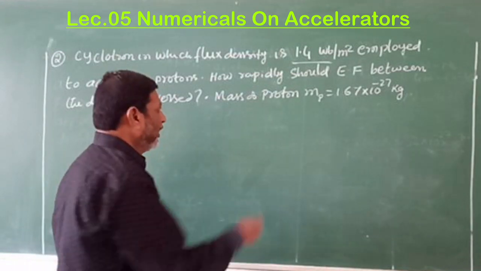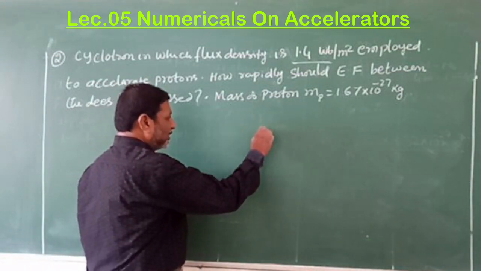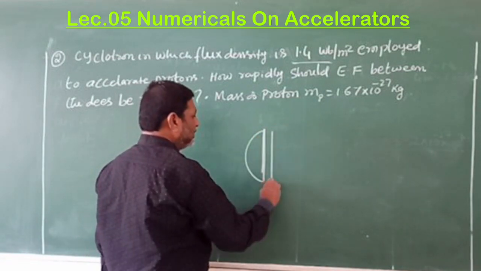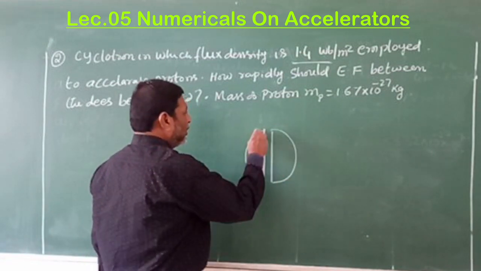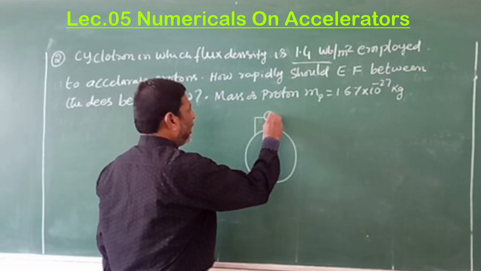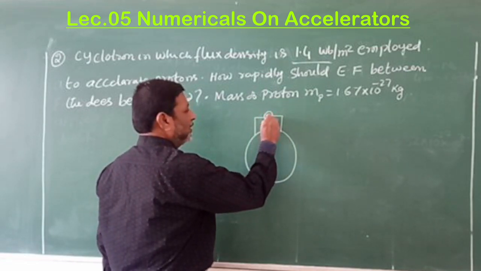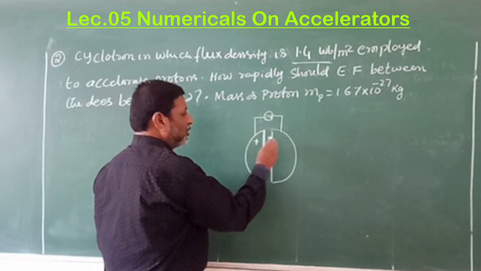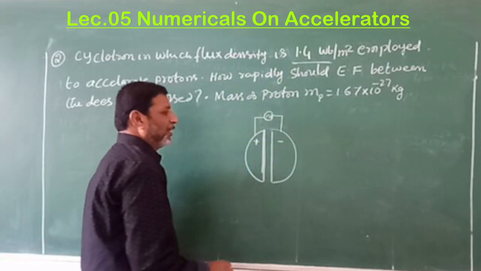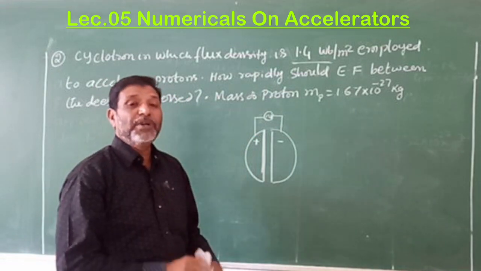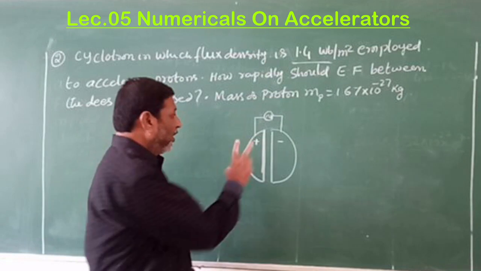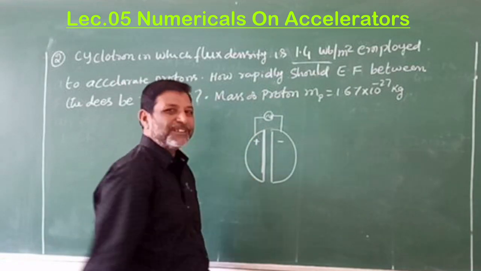Now see, in the theory in detail we have discussed that suppose this is one D and this is the other one, and these two Ds are connected to a high frequency oscillator, isn't it? Then at any instant of time, if this D is positive and this is negative, then after a regular interval of half of the periodic time, the polarities will be reversed, isn't it?